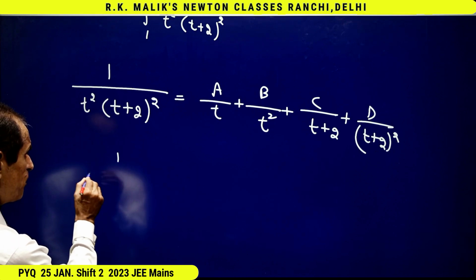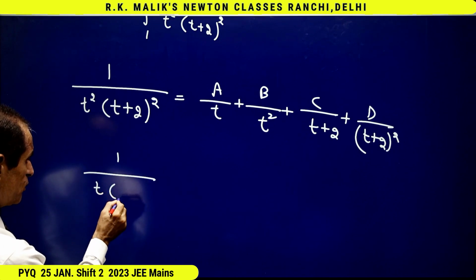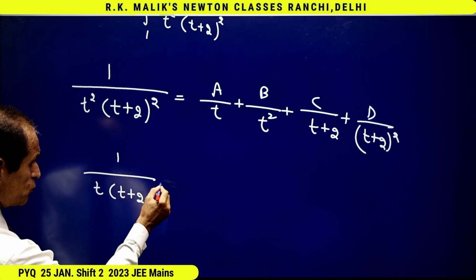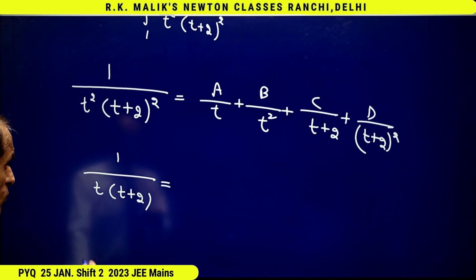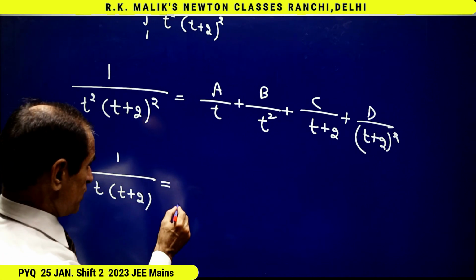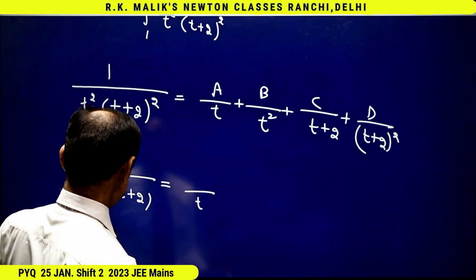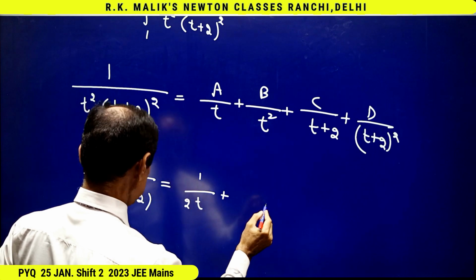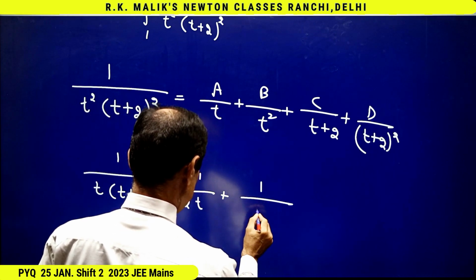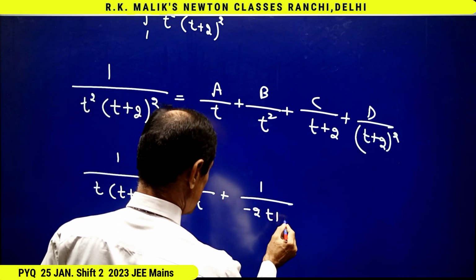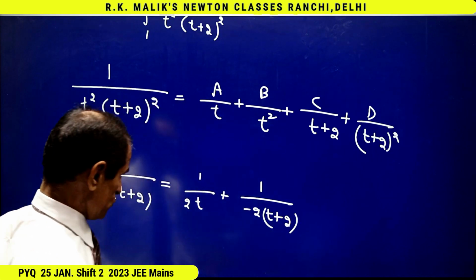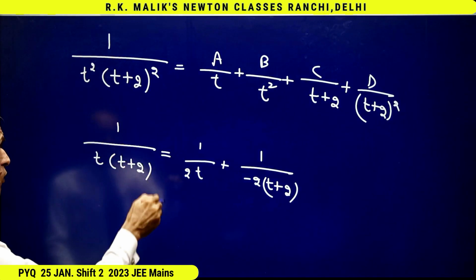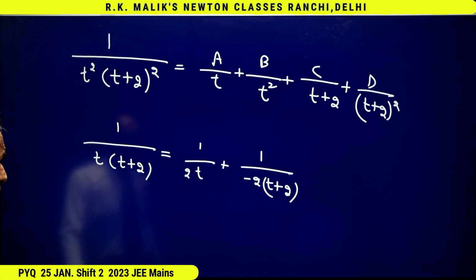I know that 1 upon t (t + 2), it is very easy to make the partial fraction of it. It will be (1/2)(1/t) + (1/(−2))(1/(t + 2)). And to get the value of this, let us square on both sides.